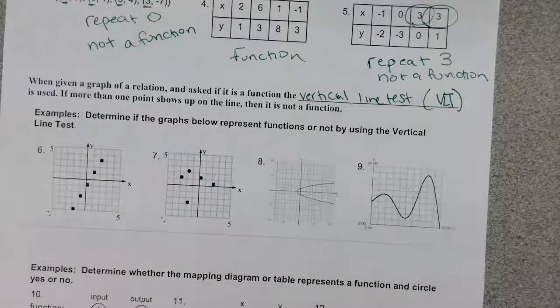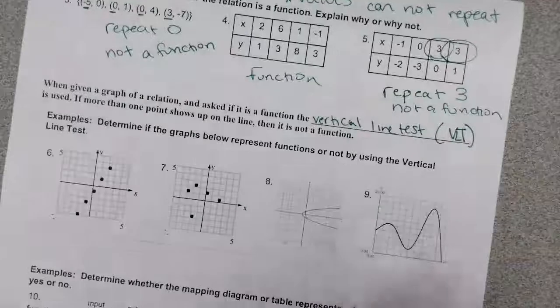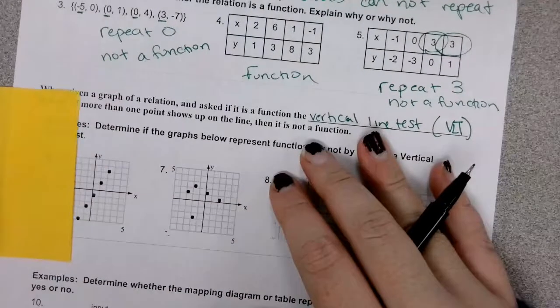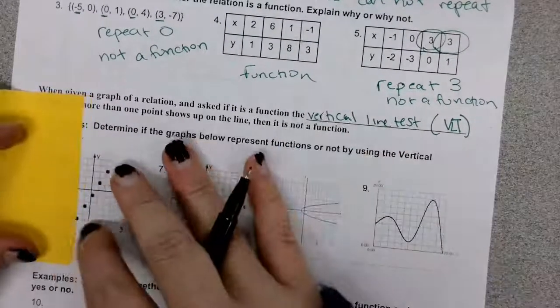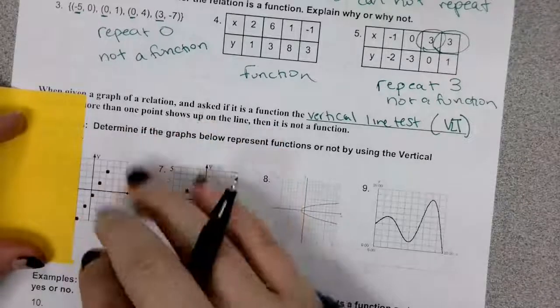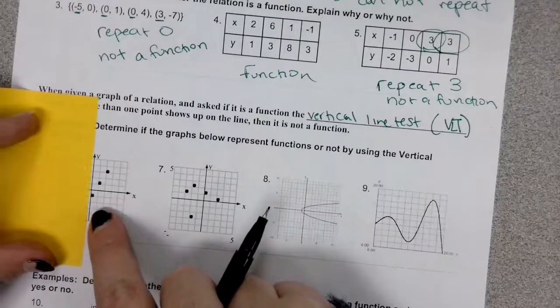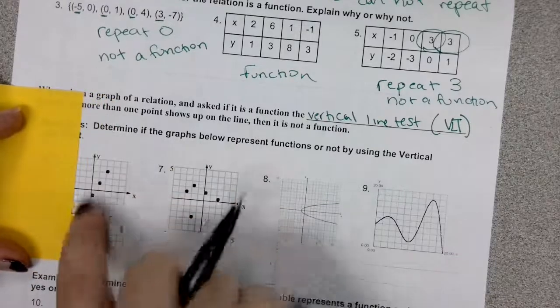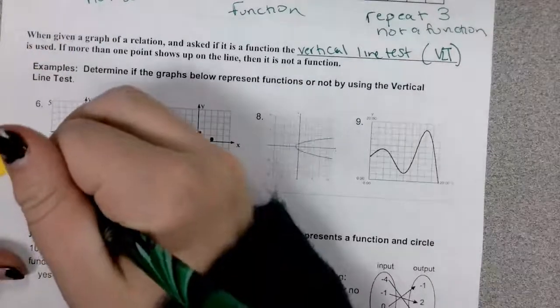So, if I use a piece of paper, I'm going to pretend the end of my post-it note here is the vertical line, and I move it across. I hit my first point, no other point falls on it. Do it for the second again, and I keep moving, and there was no point that fell twice on my vertical line. So this guy is a function.